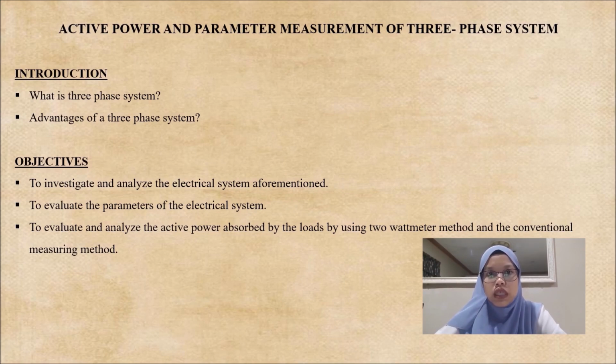So what are the advantages of a three-phase system? The three-phase system has several advantages, like it requires fewer conductors as compared to the single-phase system. It also gives a continuous supply to the load, so the three-phase system has higher efficiency and minimum loss.